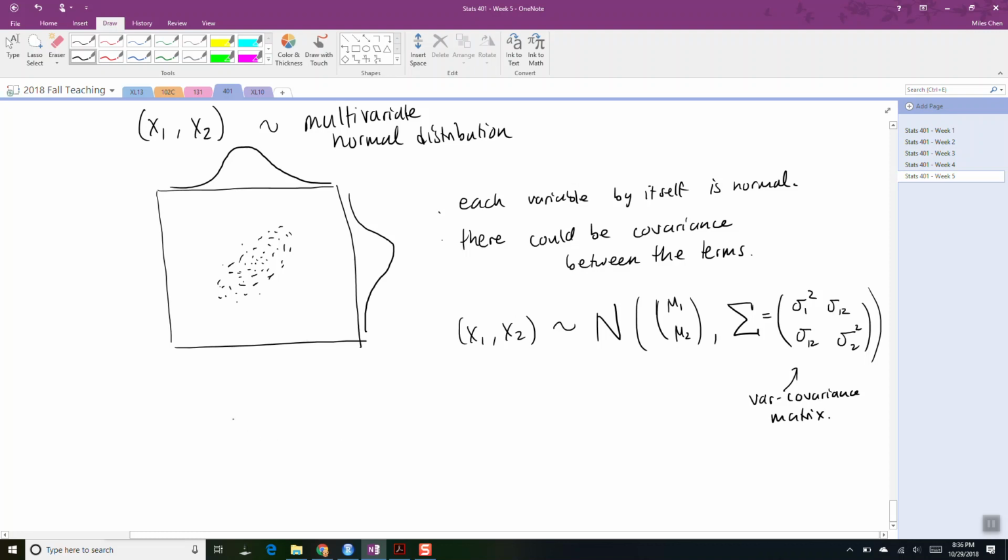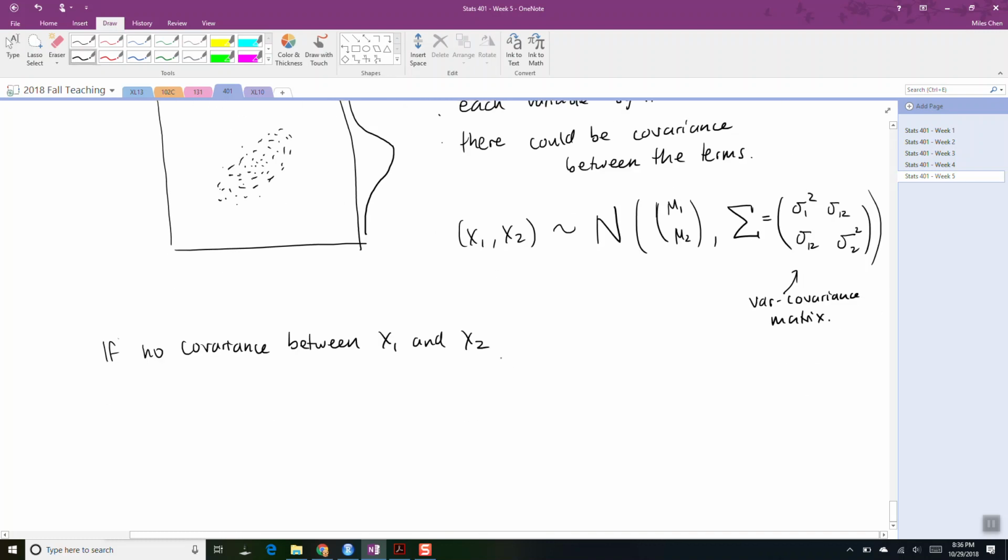If there's no covariance between x1 and x2, then if you were to draw axes through the ellipse, they would be perpendicular.